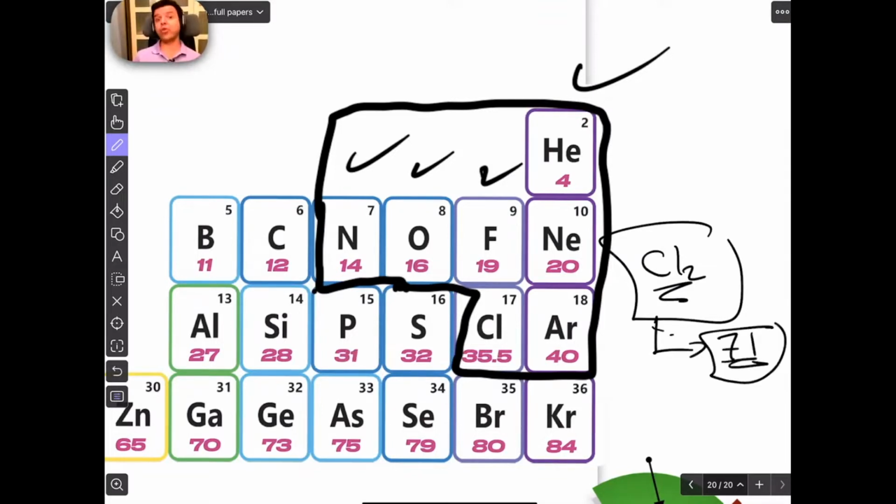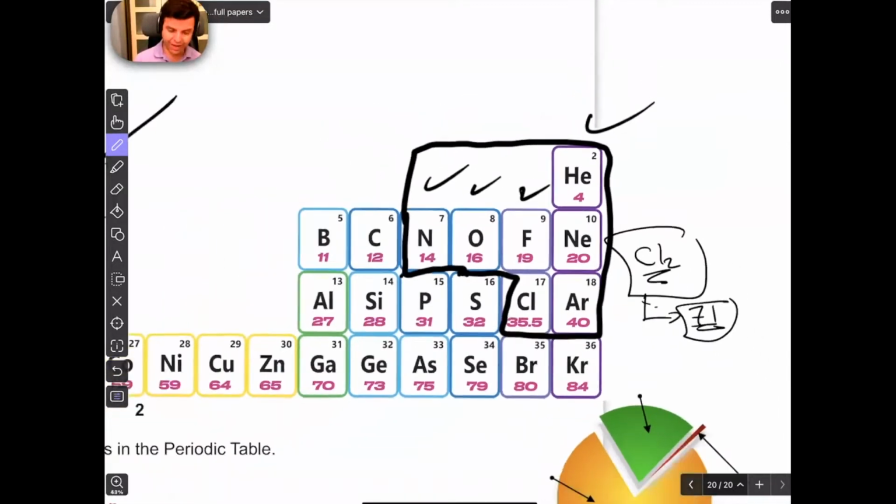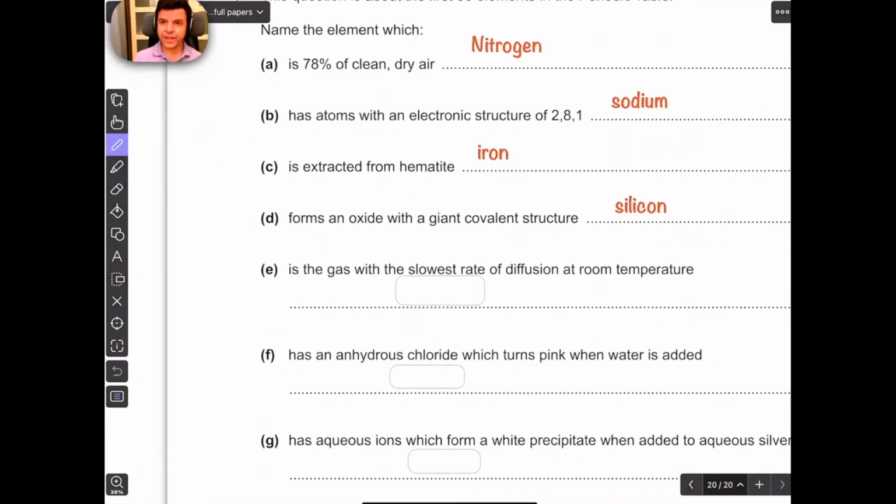Therefore, I'd rather choose chlorine rather than argon, right? Because argon atomic mass is 18, but 2 chlorines, when it forms the molecular form, molecular gas, it would be more. It would be like 71. For that reason, I'd rather pick chlorine because as a molecule, it would have a higher molecular mass.